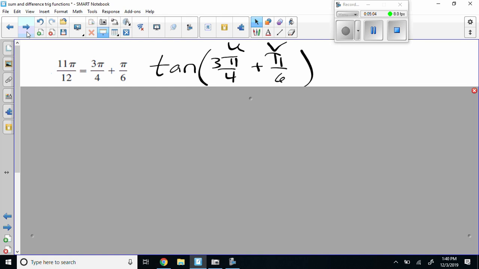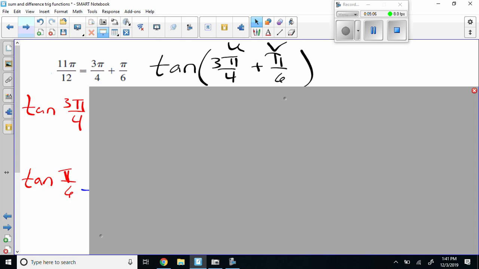So I basically need to do this. I need to find out what the value of tan 3π over 4 is and the tangent of π over 6. Now what you're going to do is put your y value divided by your x value, right? Sine over cosine.